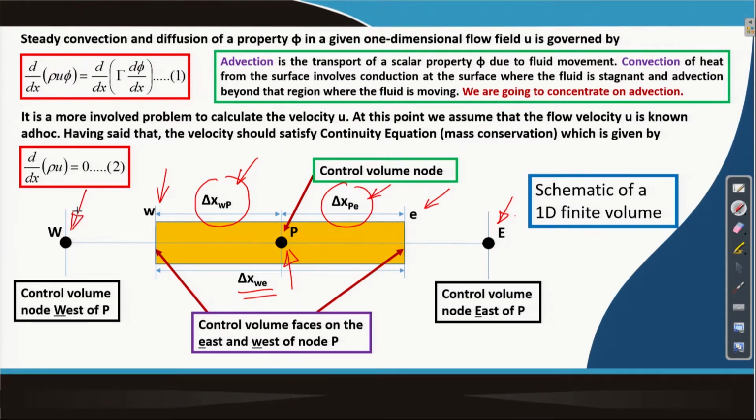So, this is a typical schematic of a one dimensional finite volume, and you may recall that we decided to take the approach of finite volume to integrate the equations and proceed with the solution. So, let us see how we can proceed with this definition of control volume and the governing equations, how they would work out in this framework.